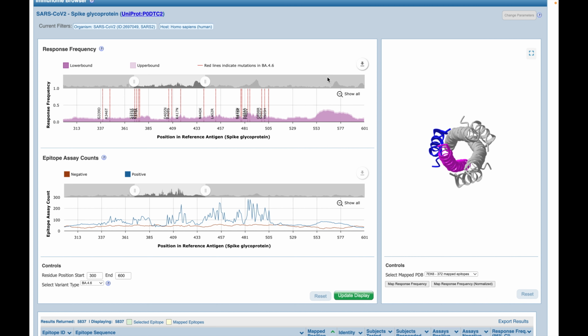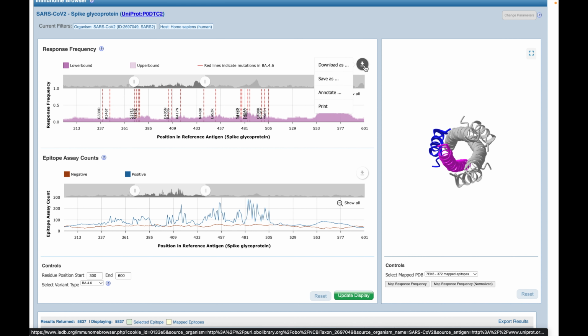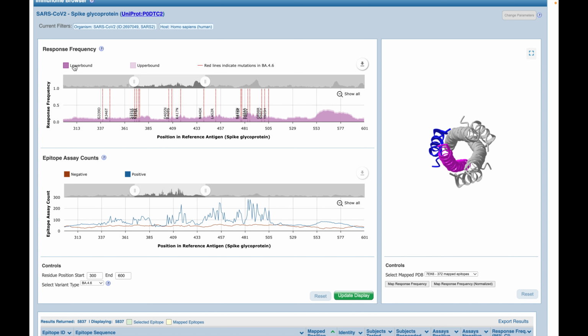A few features that you will see is that you can download, save, and annotate on this graph if you are willing to, and print from here as well. You can also choose just to see the upper bound.